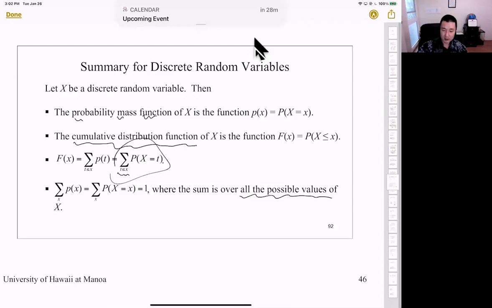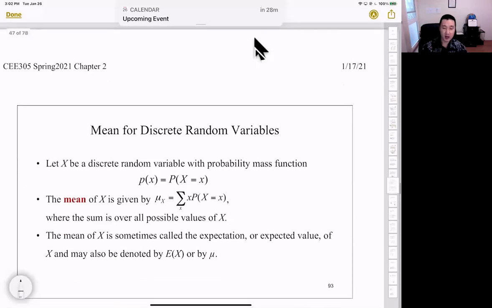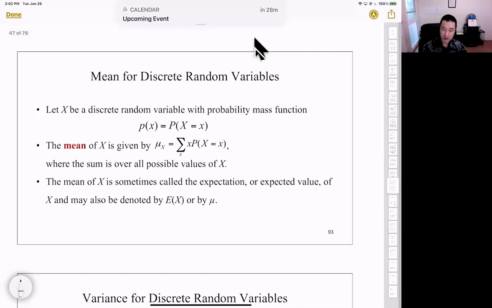And then let's look at how to calculate the mean value and variance for discrete random variables. So if we have a discrete random variable with P(X = x), this is the PMF. The mean value will be the sum of x times P(X = x).